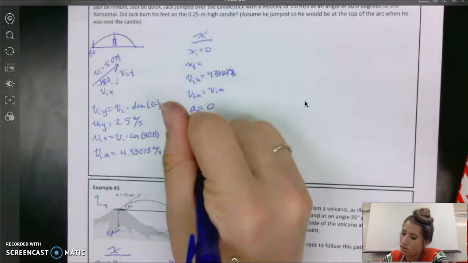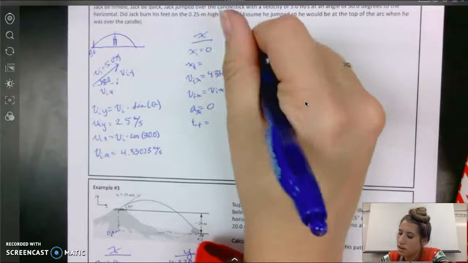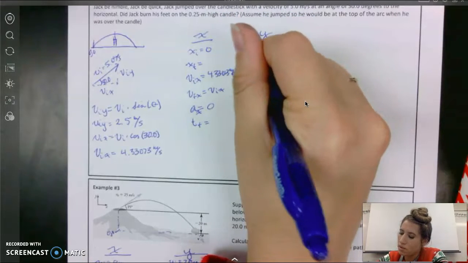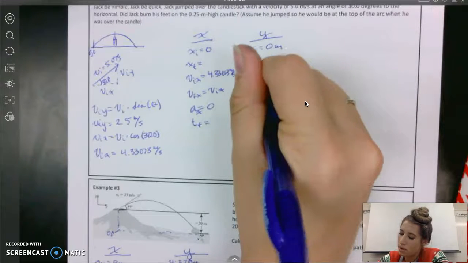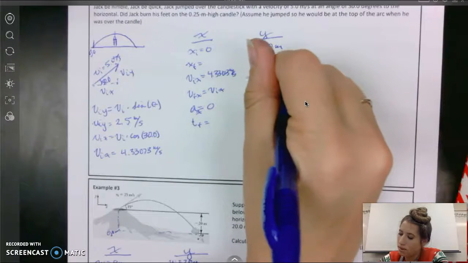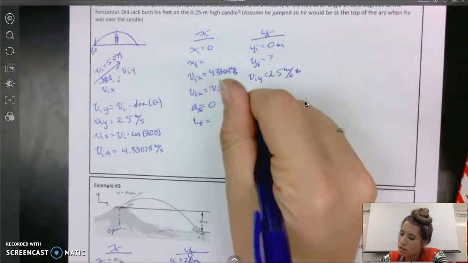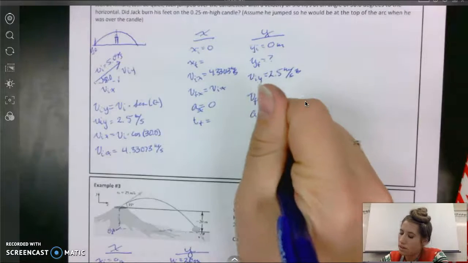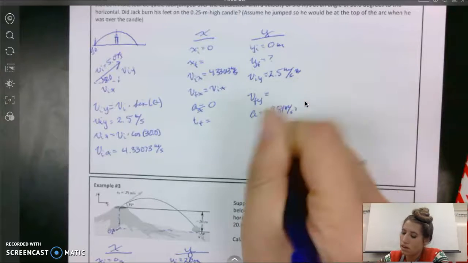We don't know the time component. In the y direction, y initial is equal to 0. Y final is what we're solving for. Velocity initial in the y we calculated, 2.5, not squared. And then velocity final in the y we don't know. The acceleration is negative 9.81. And then we don't know the time.